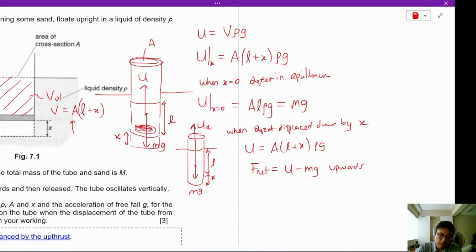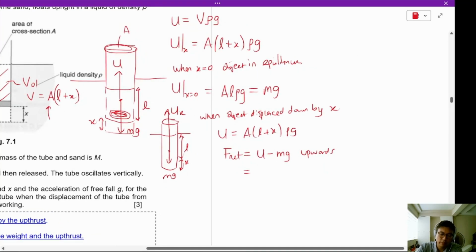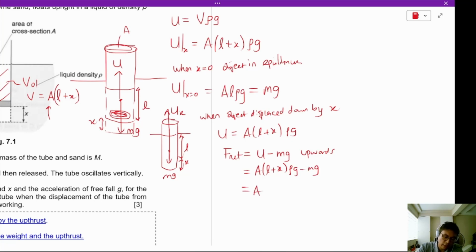This can be expanded as follows. Substitute that in: A(L plus x) rho g minus mg. Expanding again: AL rho g minus mg plus A x rho g.